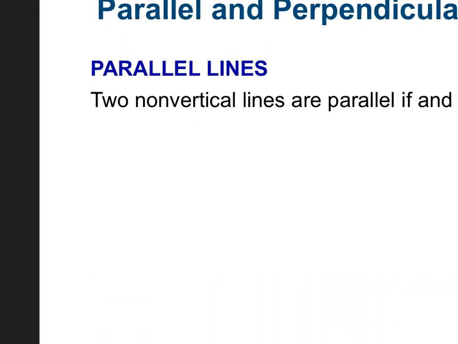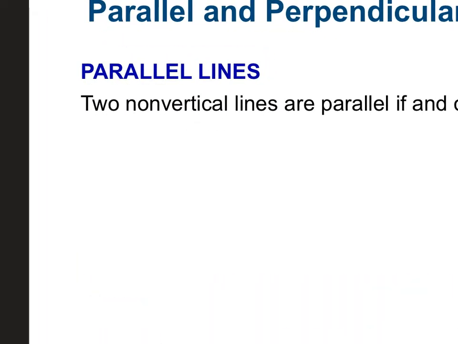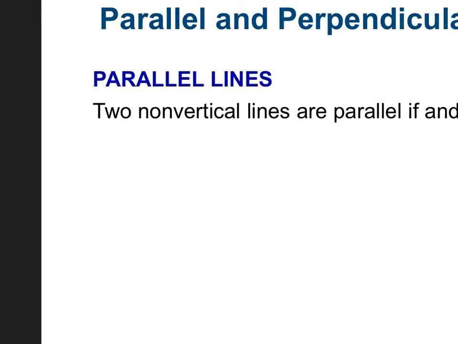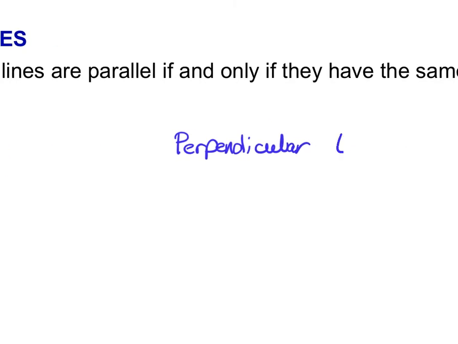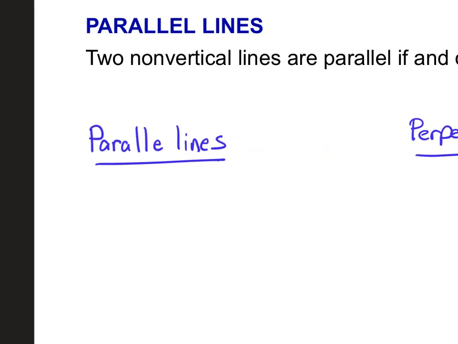All right, parallel, perpendicular. I want you guys, everybody, get your pens ready. We're going to write some stuff down. Parallel lines and perpendicular. What can you tell me about parallel lines? They never what? Touch. They never touch. Good.